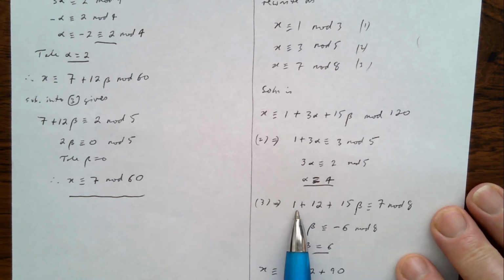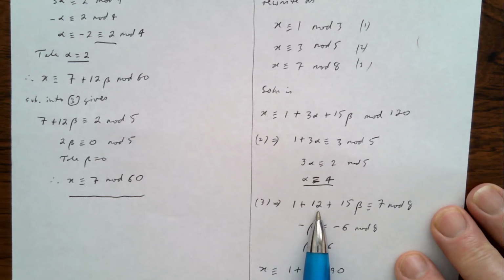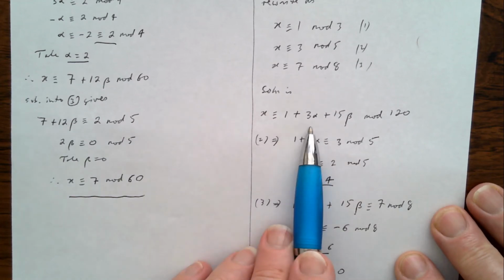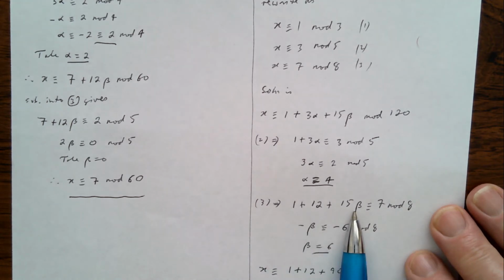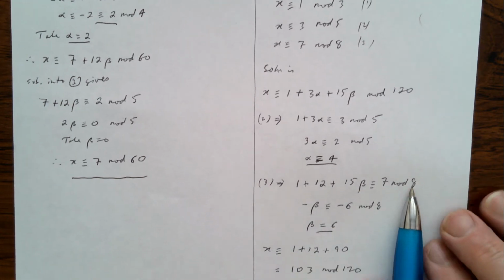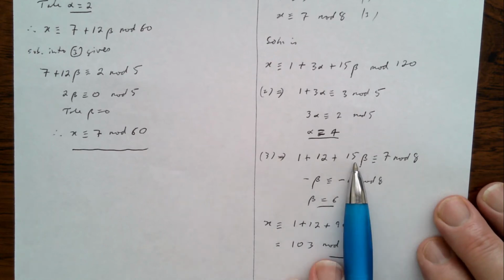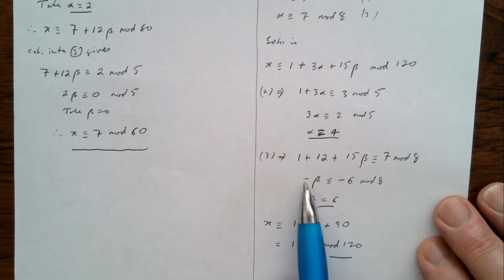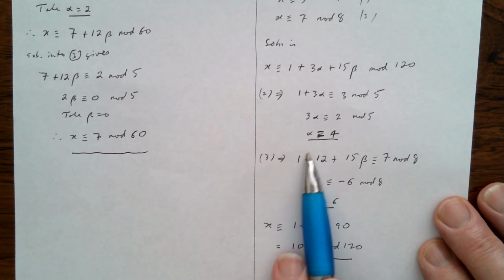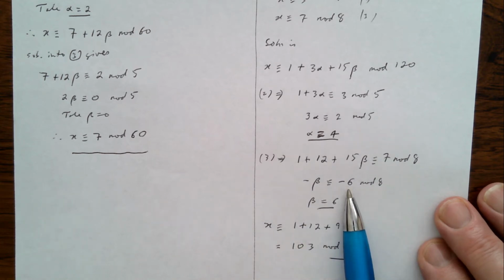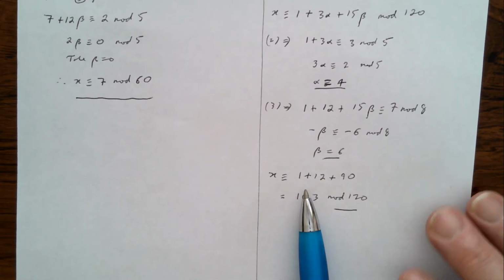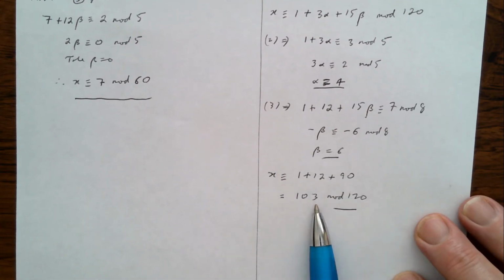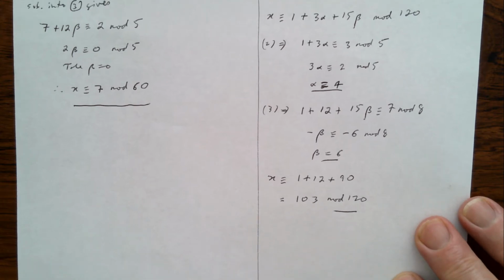Put alpha as 4 back up into here and go to equation 3. So I get 1 plus 12 plus 15 beta is 7 mod 8. 15 is the same as minus 1, and if I take these two on the other side, I get negative 6, so take beta to be 6. So plug that back into the formula for x, and we end up with 103 modulo 120.